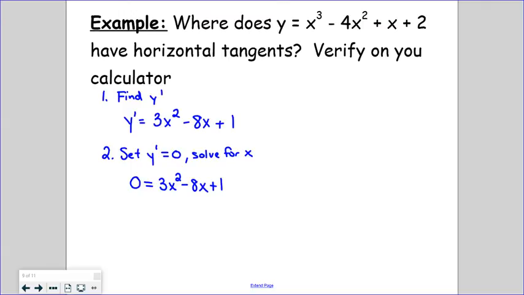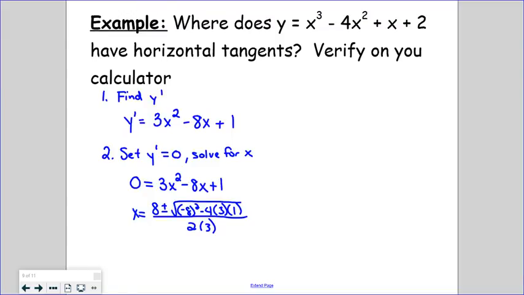Okay, so in case we ever run into something that is not factorable, remember how you can solve for x: the quadratic formula, negative b plus or minus the square root of b squared minus 4 times a times c, all over 2a.